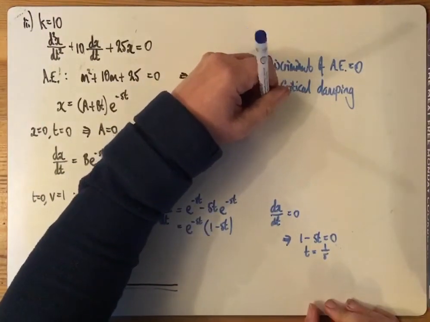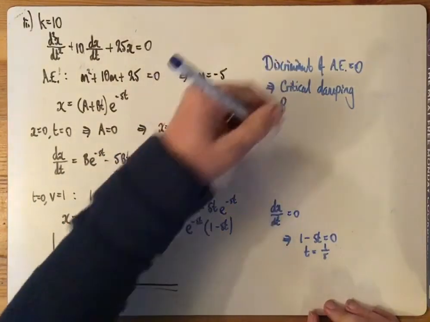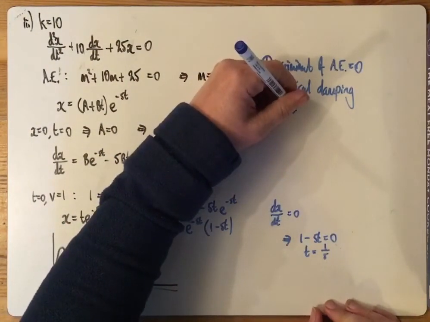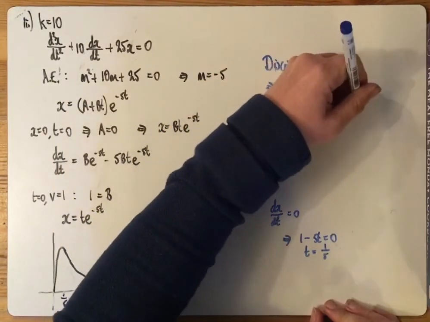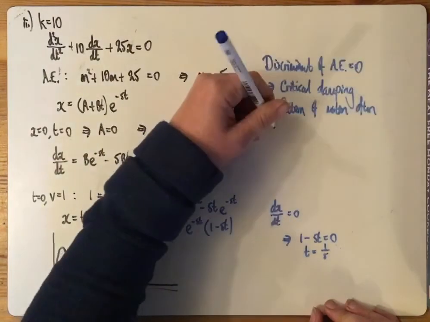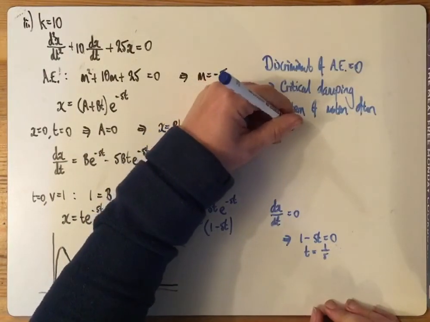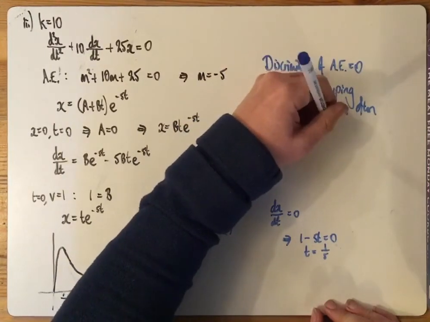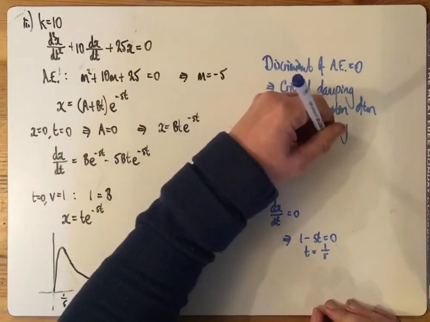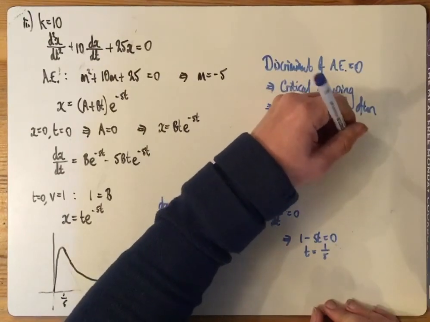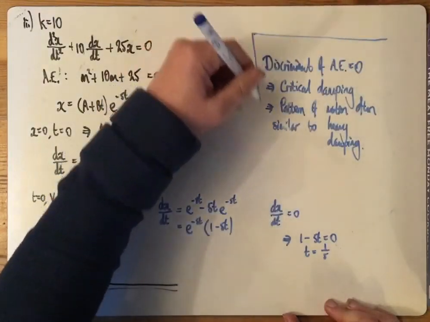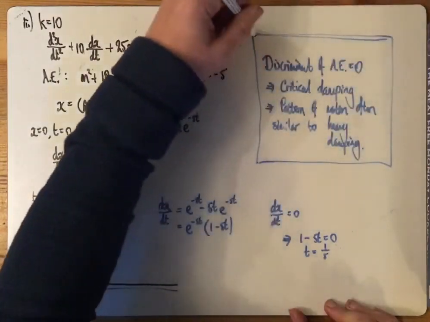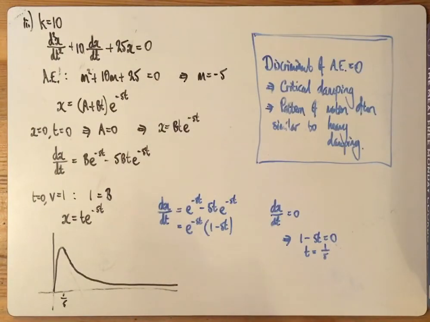It may not actually be as similar as this one, but it often is. So, pattern of motion often similar to heavy damping. But you don't need to really worry about these graphs, but critical damping is where the discriminant is equal to 0, and it goes from light damping to heavy damping.